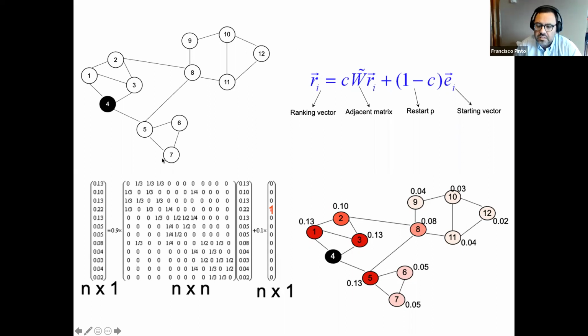Okay. The nice thing about this random walk with restart is that you don't have to simulate the random walk. Okay? You can compute it iteratively again by defining a weighted adjacency matrix that is represented here. It is weighted because instead of having 0 or 1 when the nodes are connected, for example, node 1 is connected to 2, 3, and 4.